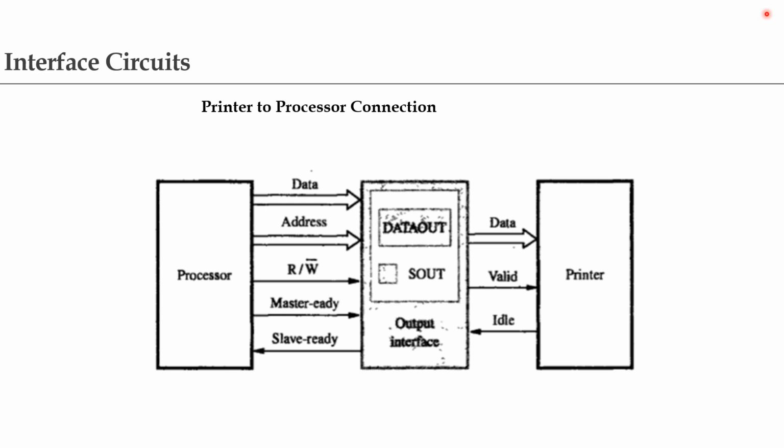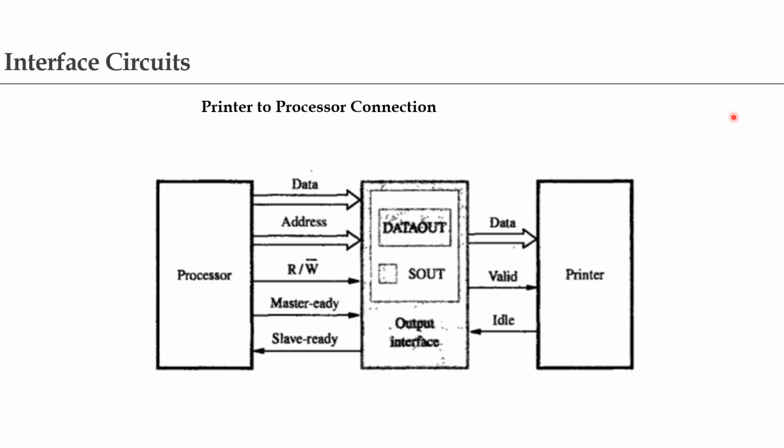The steps involved in printer to processor connection: data generation by the processor. The processor generates the data. The data may be text or graphics to be printed, and prepares it for transfer to the printer. The data is sent to the printer through the input-output interface, which could be parallel, serial, or USB.